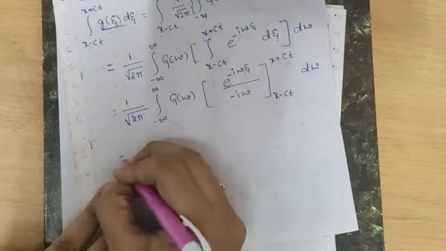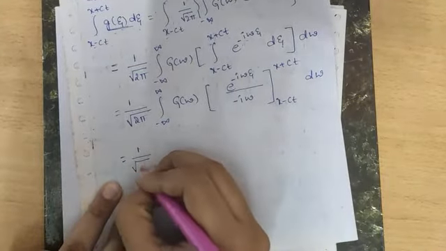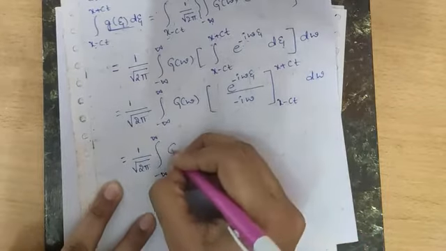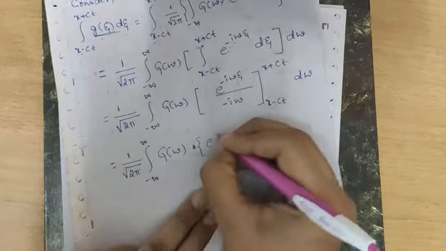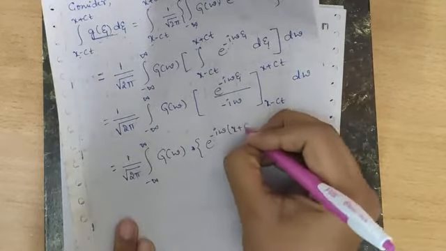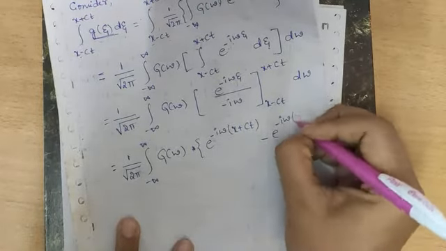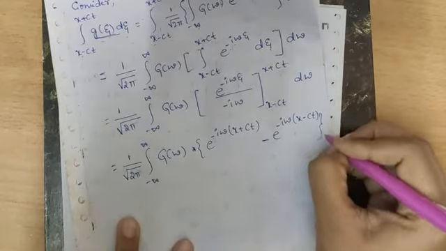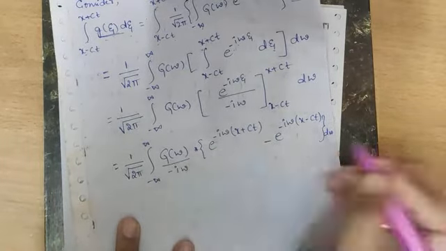Okay. So after substituting limiting values, you will get 1 over root 2 pi integral over minus infinity to infinity g of omega into e power minus i omega into x plus ct minus e power minus i omega into x minus ct into d omega, whole divided by minus i omega.